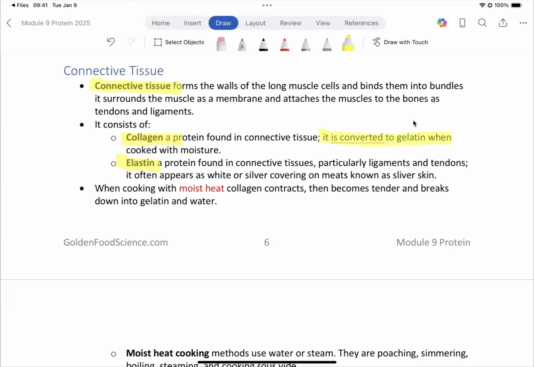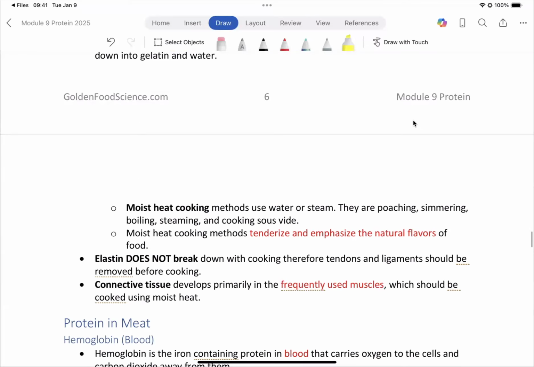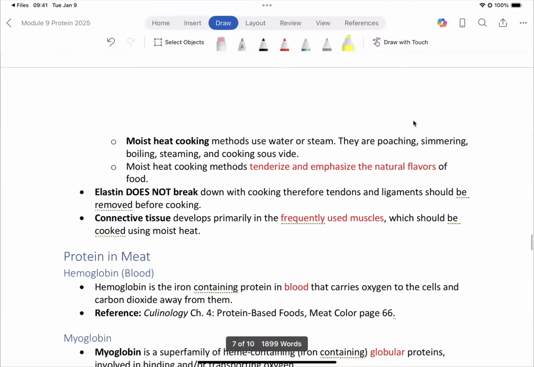So any meat that is used a lot and has a lot of toughness to it is going to need a moist heat cooking method, versus some meat, let's say the prime rib and the fillet across the back, that don't work too hard and don't have a lot of connective tissue, so we can cook them by dry heat methods. In order to extract the collagen, we must use moist heat. But you guys know all this, right? Yeah, been there, done that. Okay.